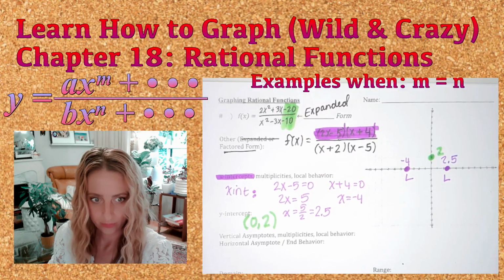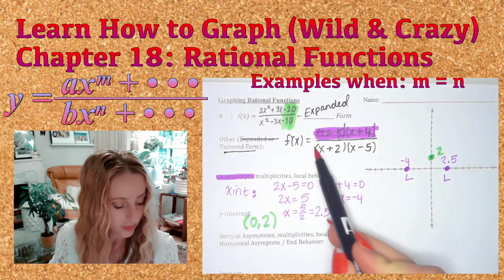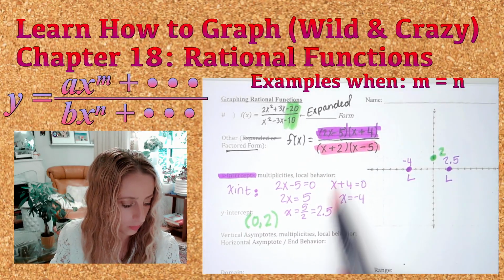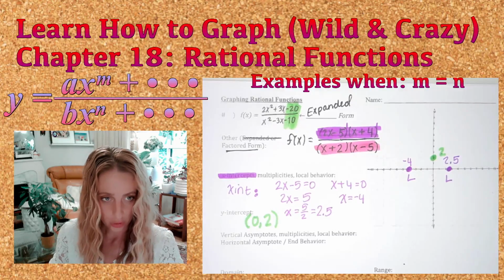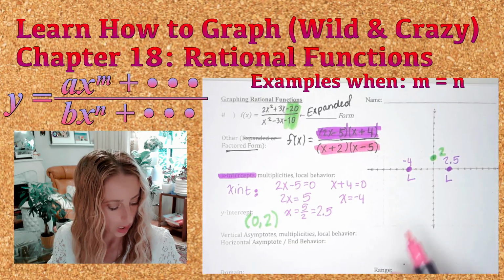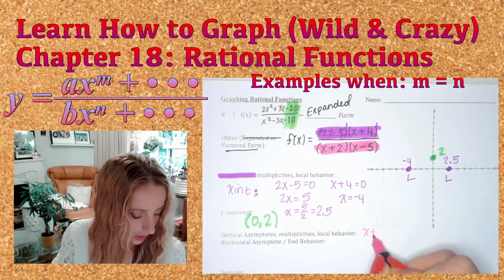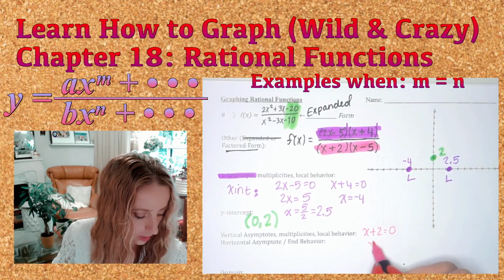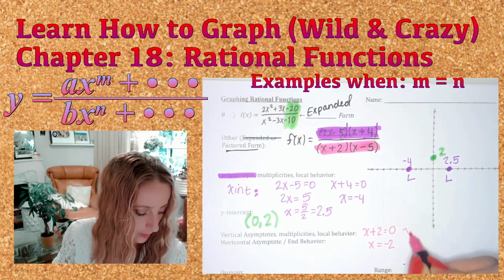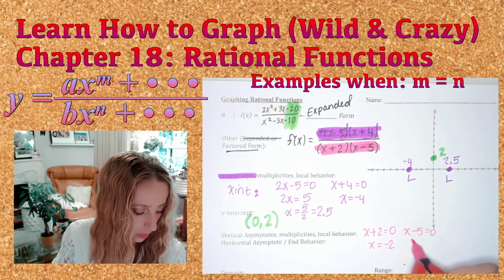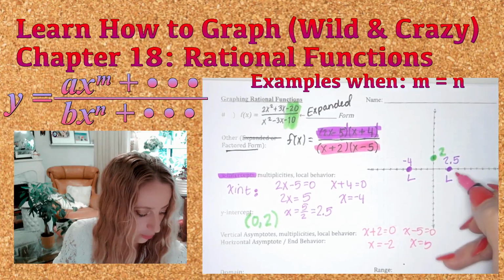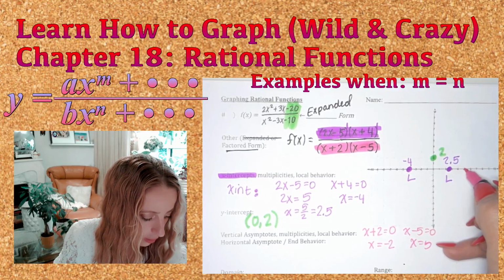Pink. So where do I look for that? Denominator. Right here. So how do I do vertical asymptotes? I solve the same way. X plus 2 equals 0, so x equals negative 2. And x minus 5 equals 0, so x equals 5. So 3, 4, 5.